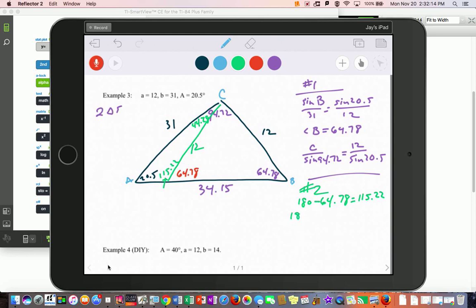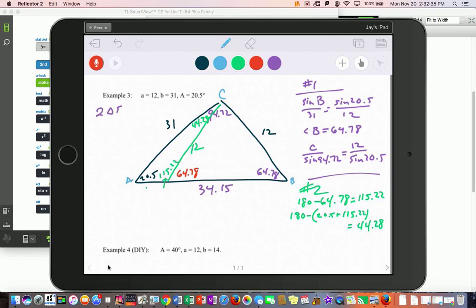So this one is 180 minus 20.5 plus the 115.22, and I got 44.28. So those first two angles, it's really like back to geometry days with isosceles and linear pair.